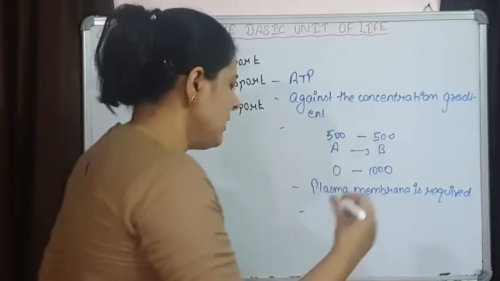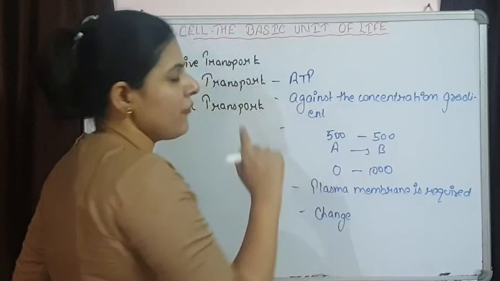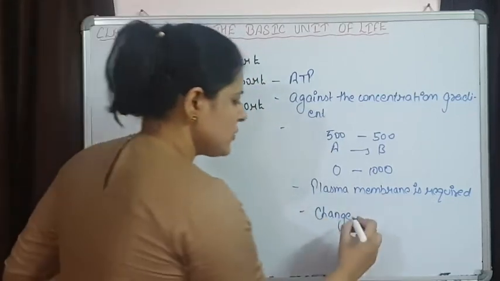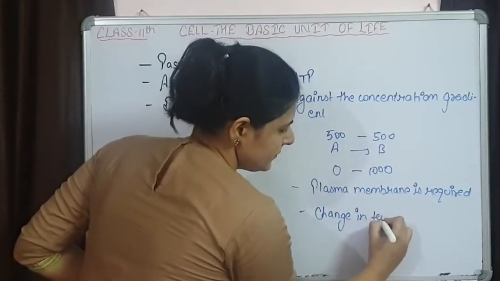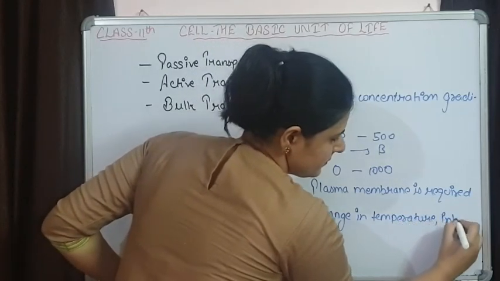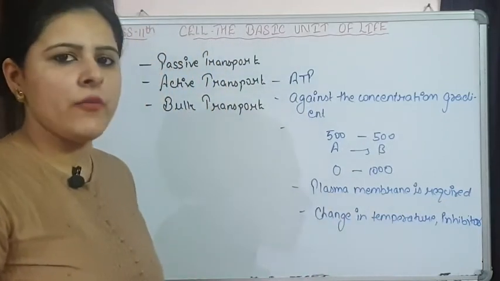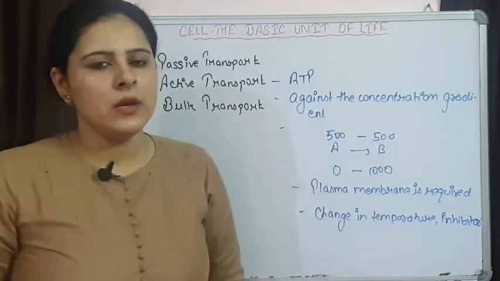So change in temperature and inhibitors are going to affect or block active transport. So these are going to affect our process of active transport.